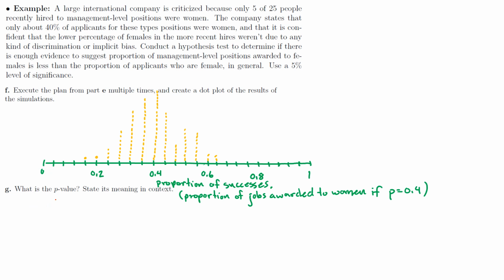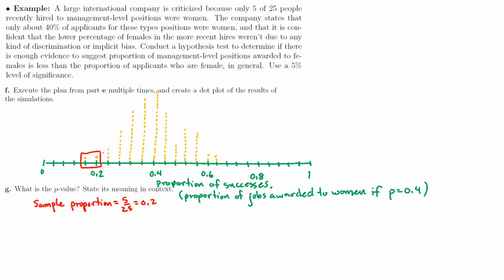So since our sample proportion was equal to 5 out of 25, which is 0.2, how often did a result like that or one even more extreme, meaning further from the null value, happen? Well, these two dots right here represent the 2 times that the simulation gave us results like the one that we actually saw.